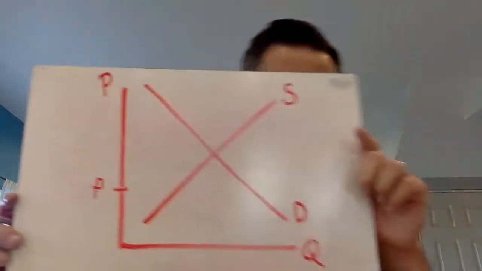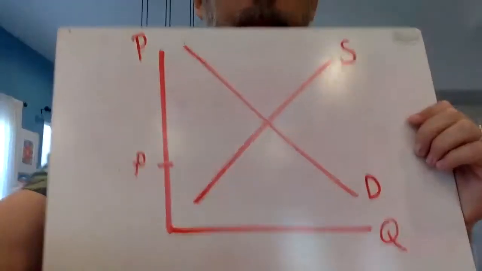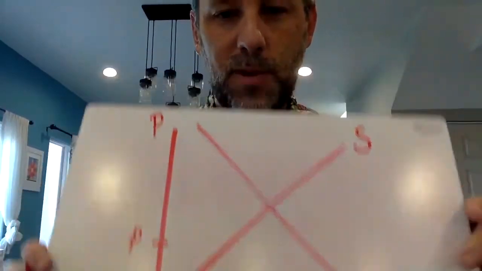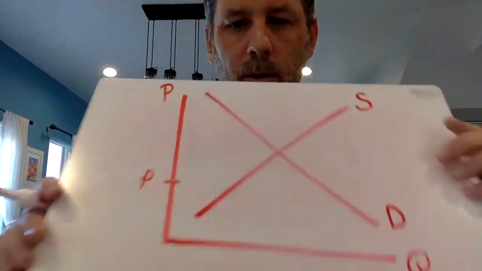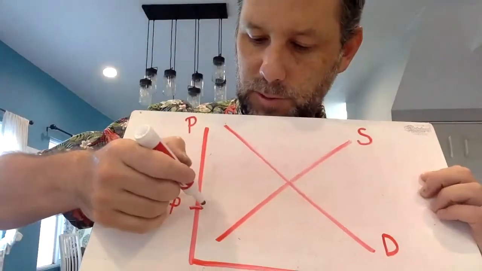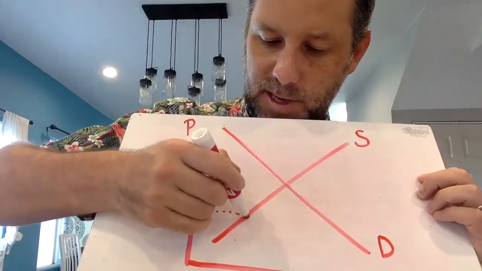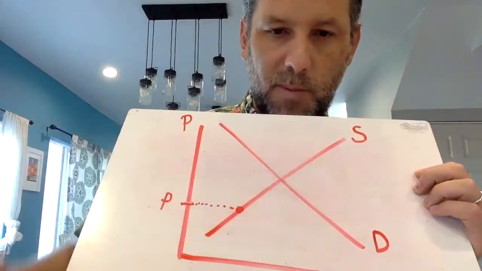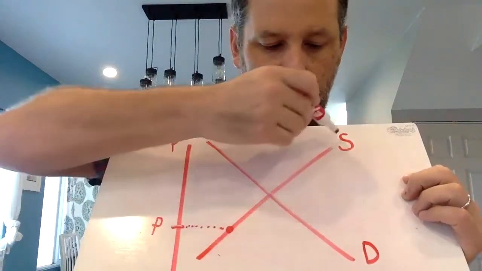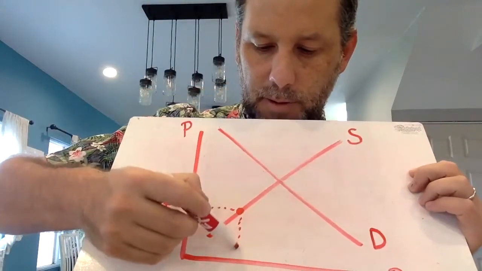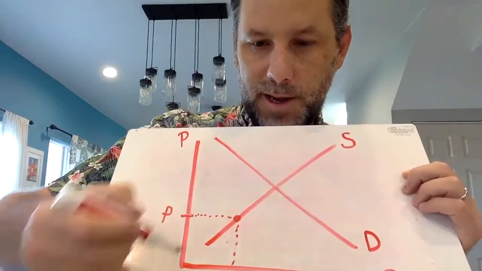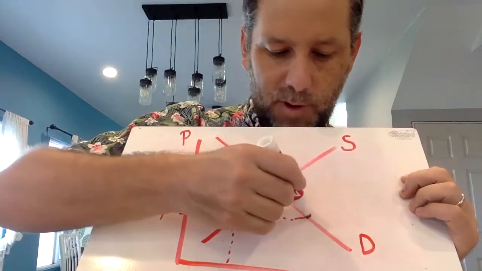So for instance, if I had a price right here, whatever that price is, if I go across at that price, what curve am I hitting right there? I'm on my supply curve. So I go down, that's my quantity supplied. I keep going across at that price.